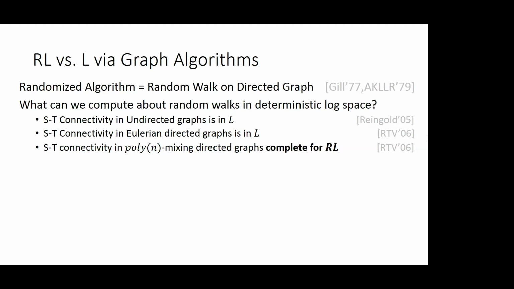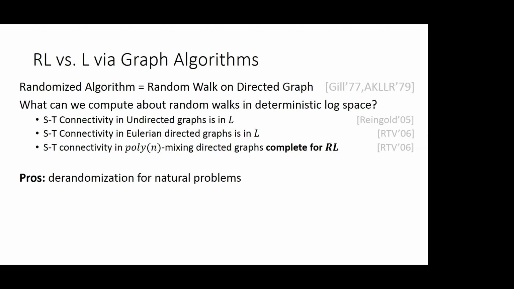So in other words, it's a complete problem for RL. It's via the fact I mentioned earlier, with some reduction to make the graph polynomially mixing, so that you just want to check whether you can reach the accept state.